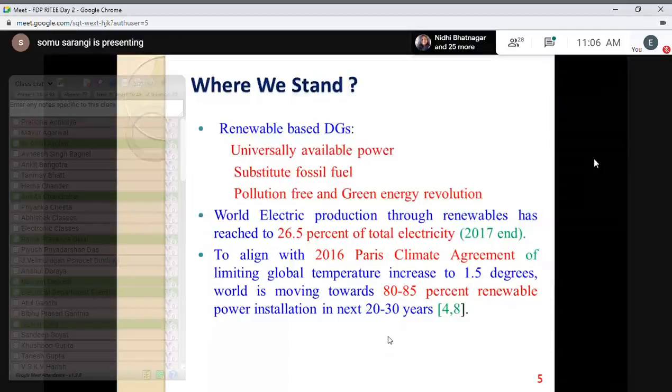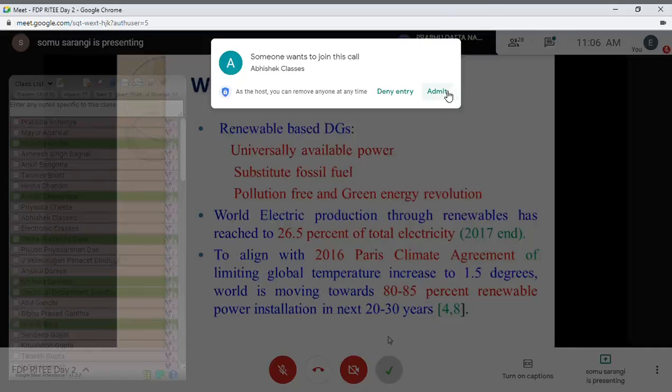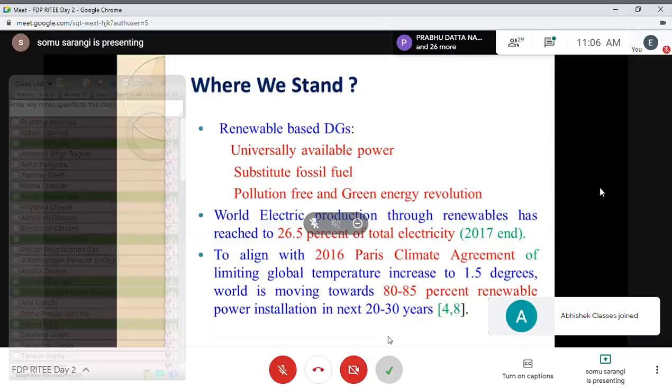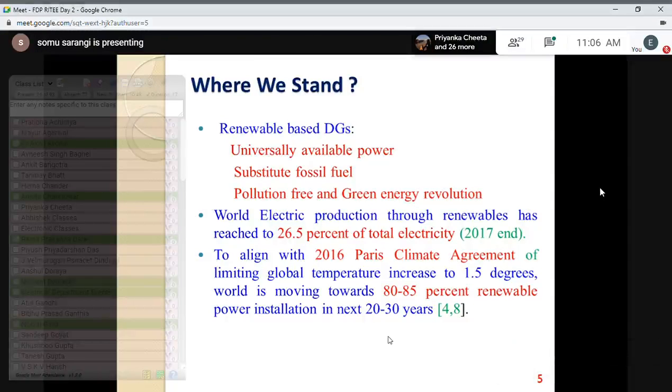And if you observe the green energy revolution, the possible option is to go for an energy source which is green, meaning it does not affect our environment. World electric production through renewables reached 26.5% of total electricity at the end of 2017. Now again it is increasing.